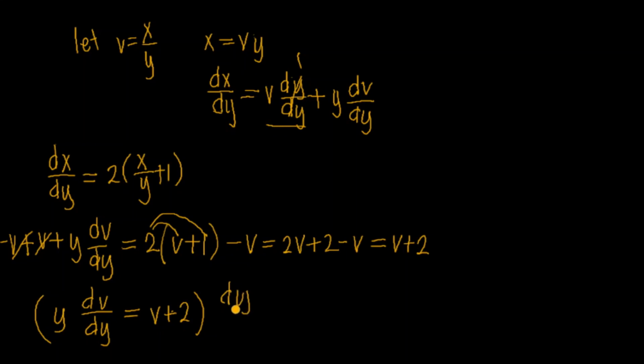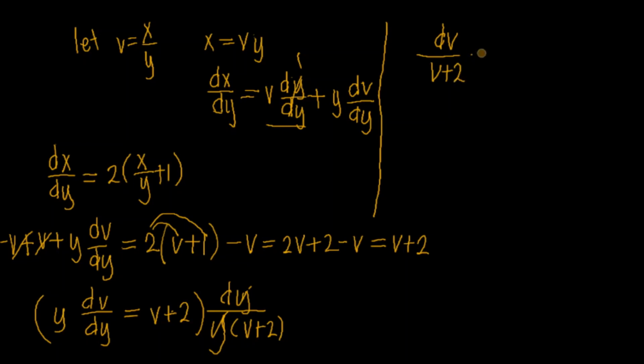Now multiplying by dy over y times v plus 2, our left hand side now cancels: dy over dy cancels out, y over y cancels out, so we have dv over v plus 2 is equal to our right hand side, where we can cancel this v plus 2, so we're left with dy over y.